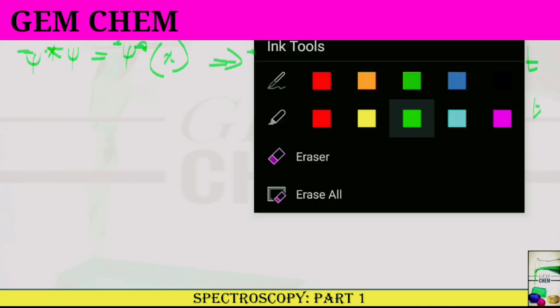These two will cancel each other. Finally the probability will come to be Xi(x) and Xi star(x), right?